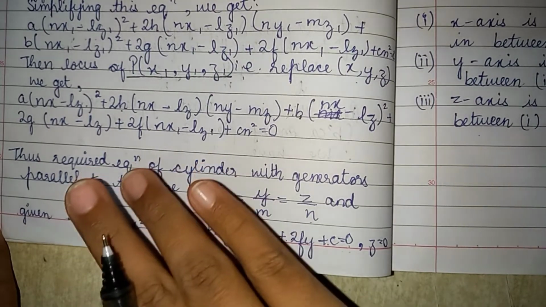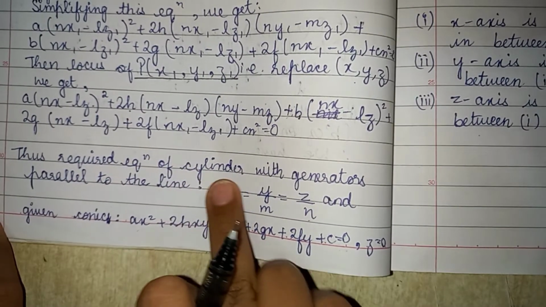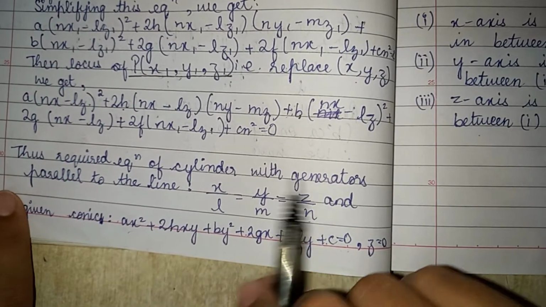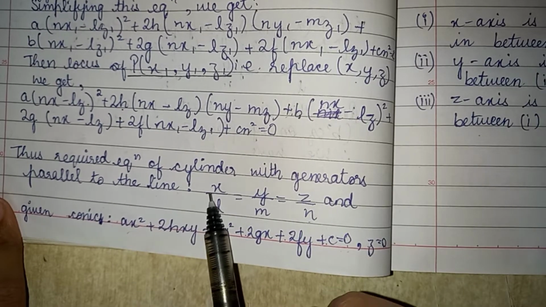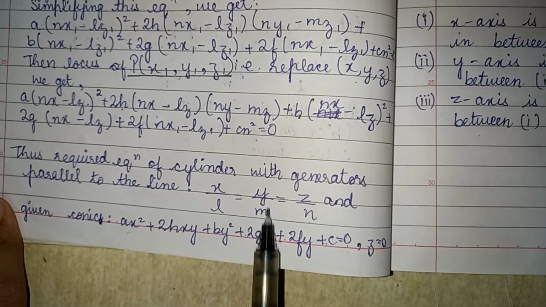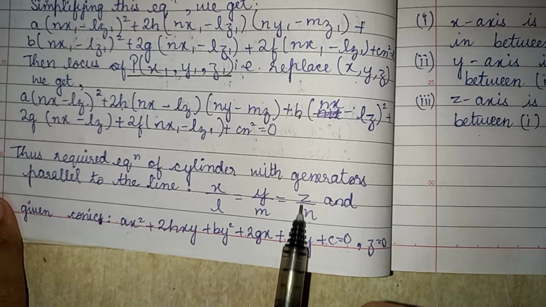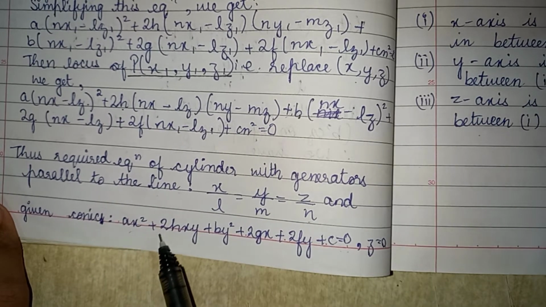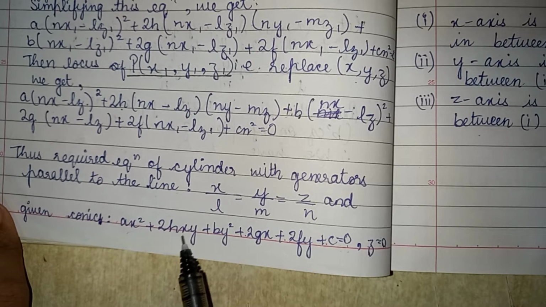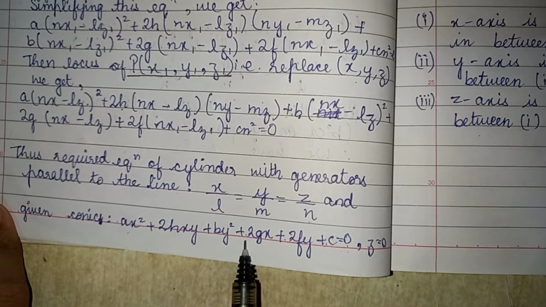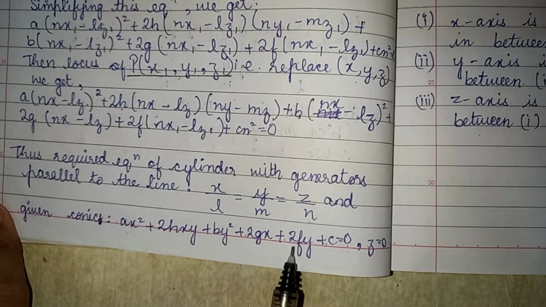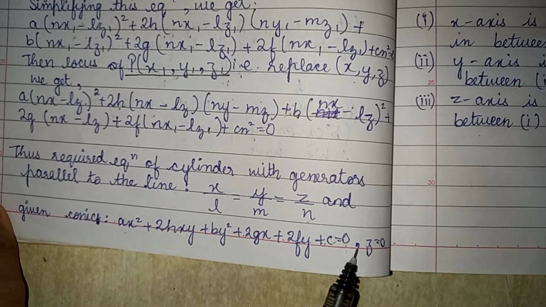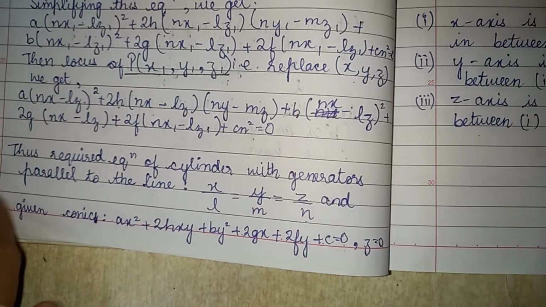So on moving further, we see that the required equation of the cylinder with generator parallel to the line x upon l is equal to y upon m is equal to z upon n, and given conic ax square plus 2hxy plus by square plus 2gx plus 2fy plus c is equal to 0 and z is equal to 0, which was already given in the question.